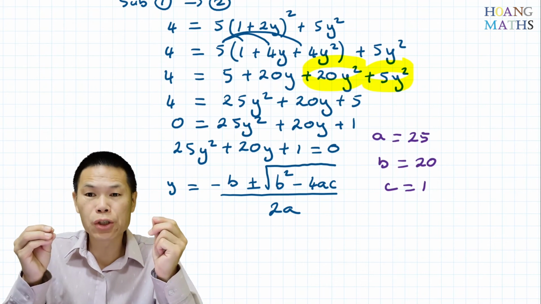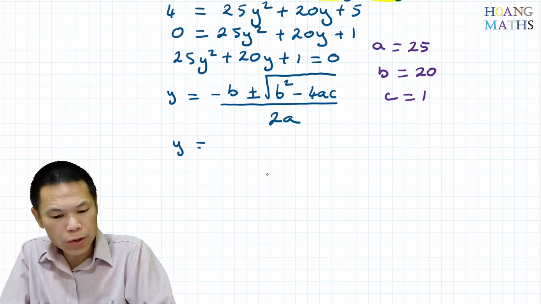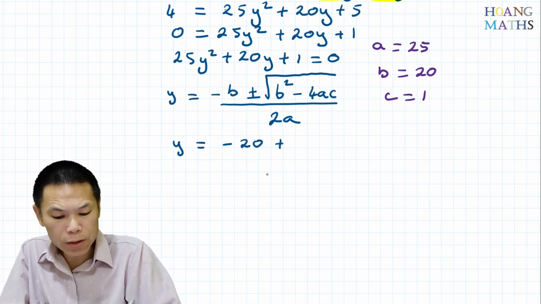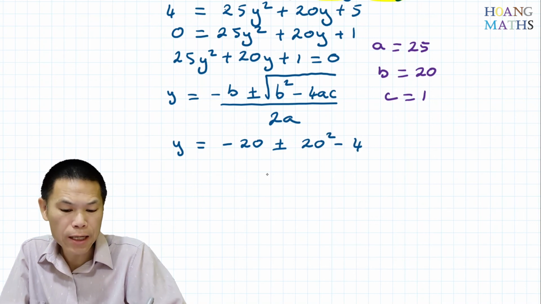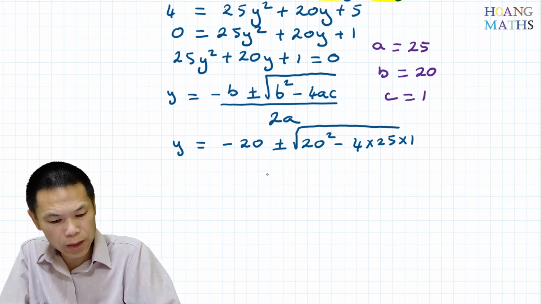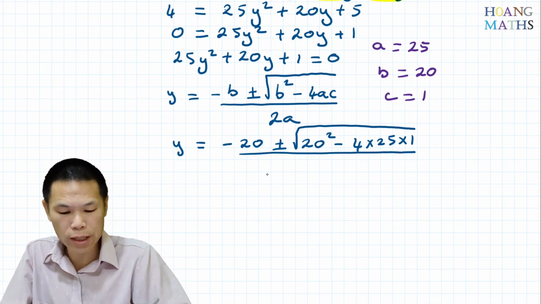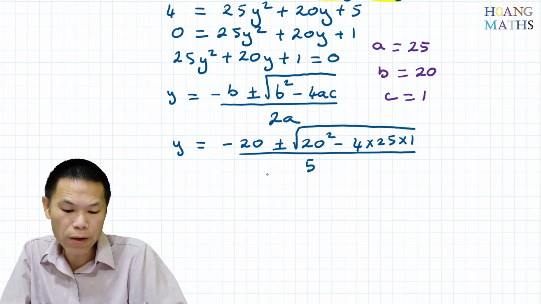So now I just substitute this value in. So y is equal to negative b, which is negative 20, plus or minus 20 square minus 4 times a, which is 25, and times c, which is 1. Of course, we square root of this over 2 times a. A is 25, so 2 times 25 will give me 50.